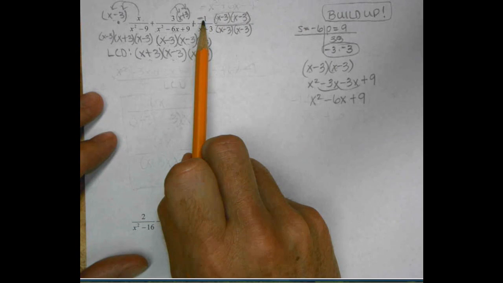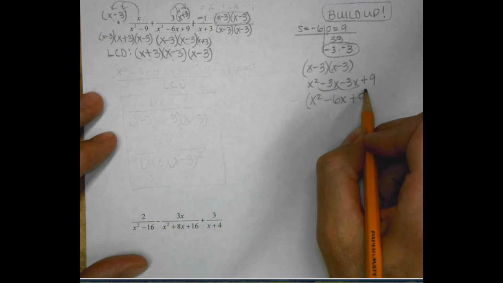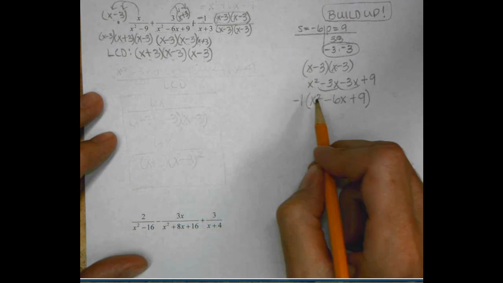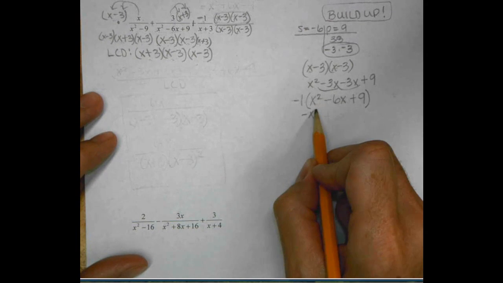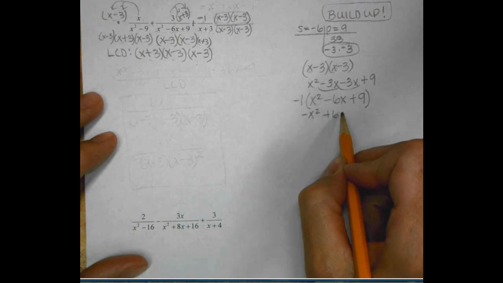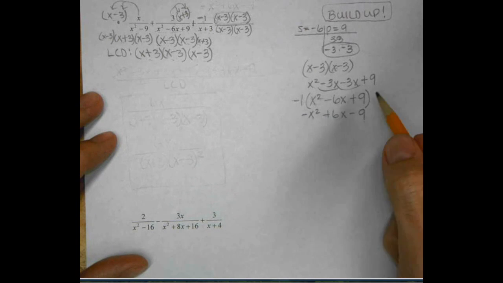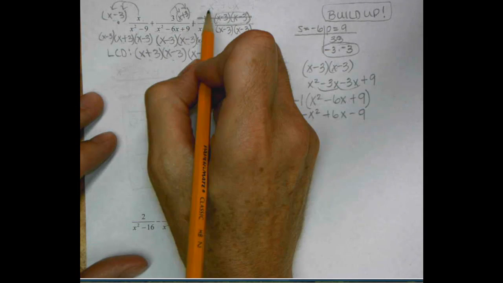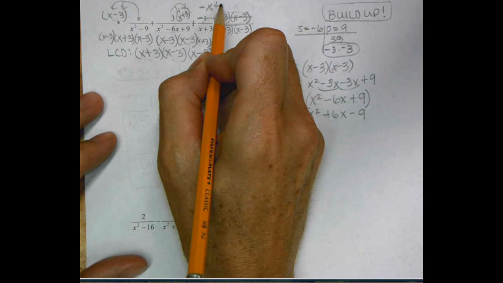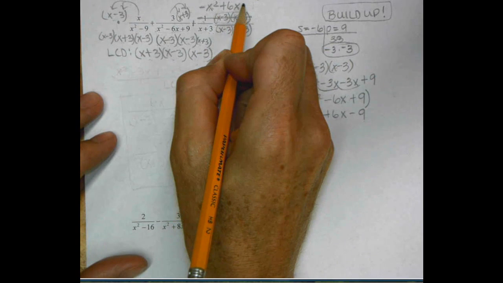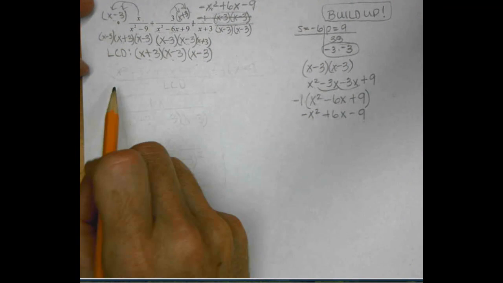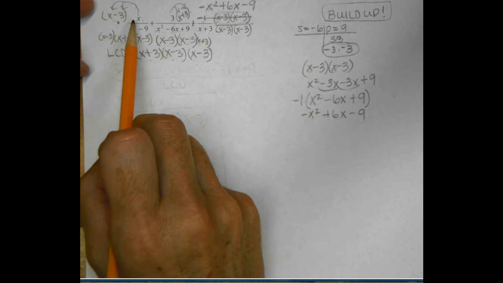But the next thing I'll have to do is multiply it by this negative 1. So I'll go ahead and do that over here in the scratch area and distribute that negative 1 through, and I'll have negative x squared plus 6x minus 9. Now I can use that instead of this whole product, and I'll write it down, negative x squared plus 6x minus 9.